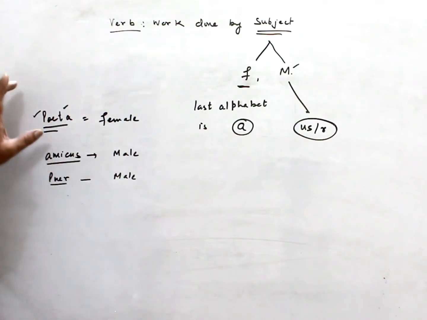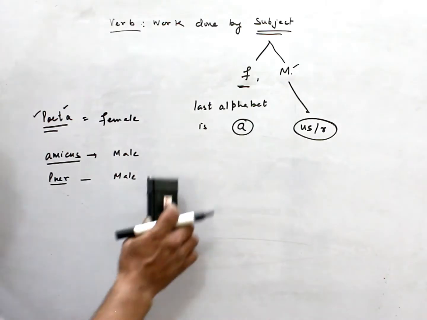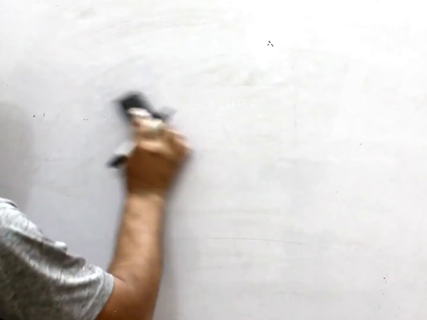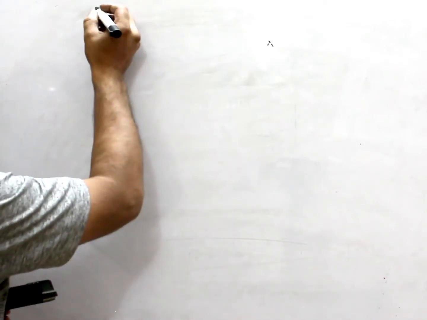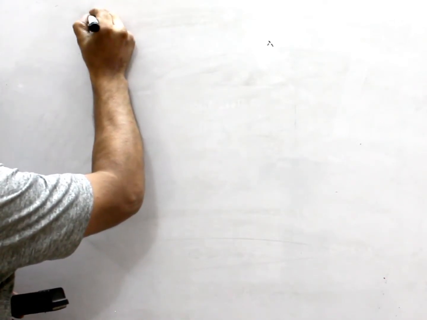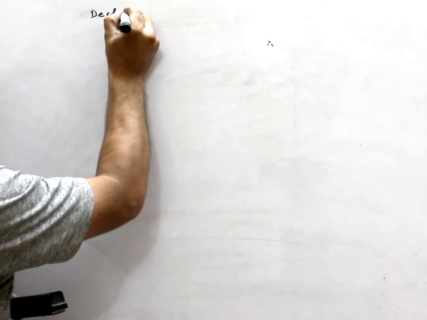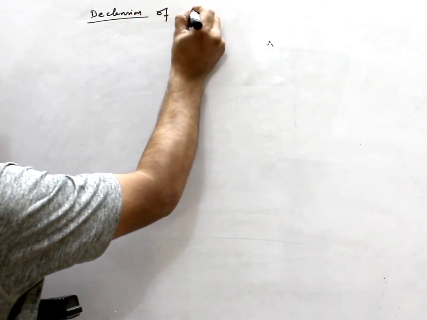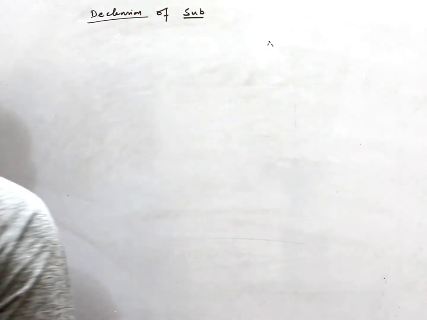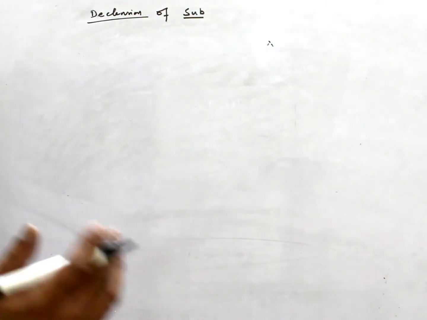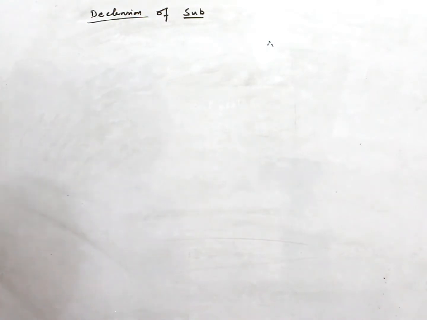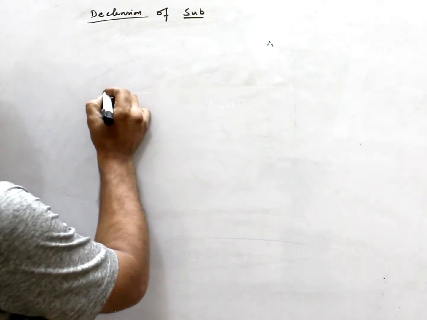Now we understand the female and male declension. So we study declension of subject. In Hindi, we do this. Suppose our subject is Raja.